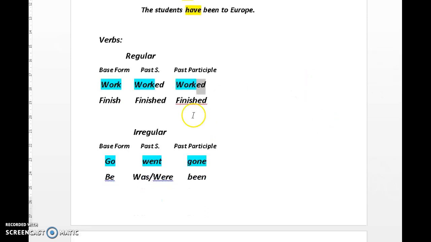Then we have the other group, irregular verbs. In this case it is different. For example, in the base form go, in past simple went, in past participle gone. Another verb, the verb be, base form be, past simple was, were, past participle been.